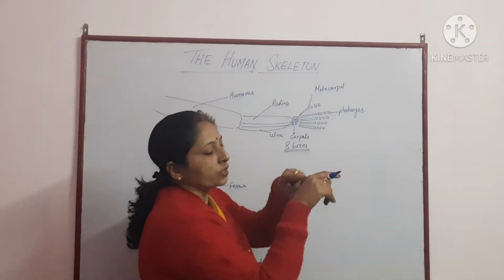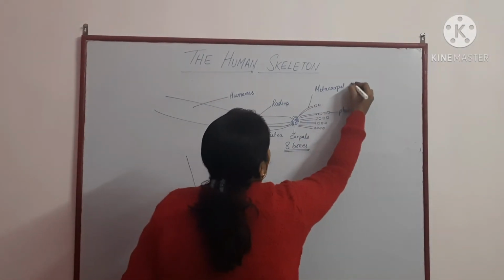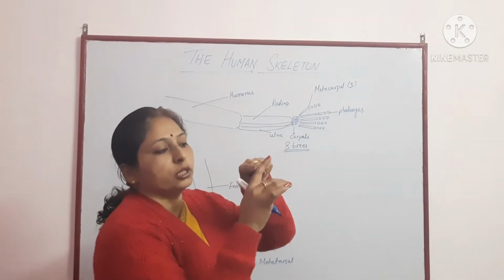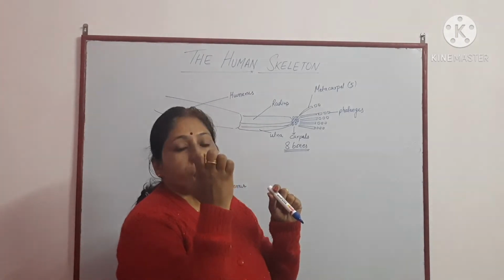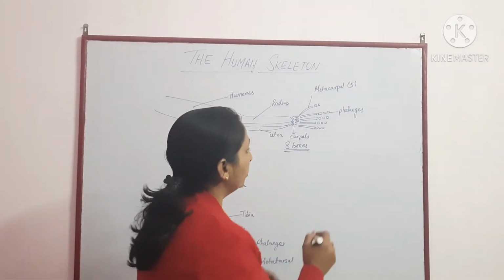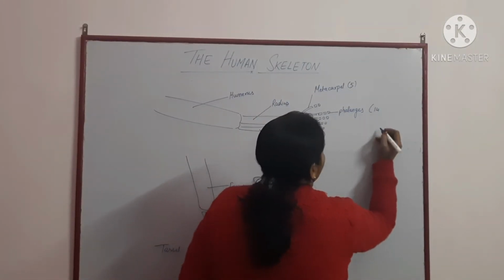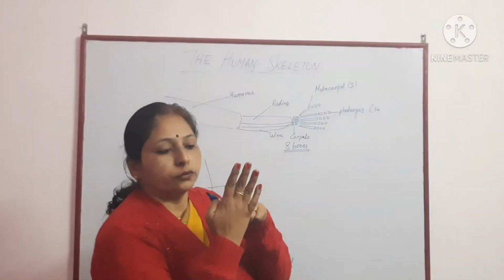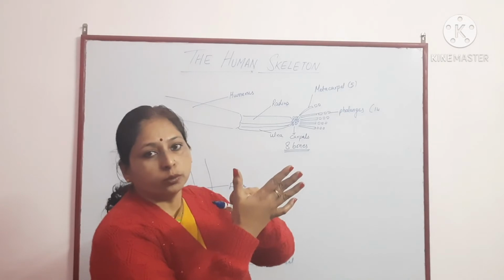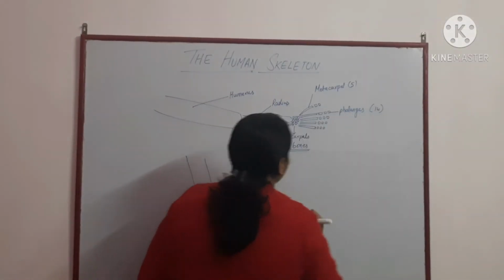Next to this are 5 metacarpals. Phalanges. These short bones in the fingers are termed as phalanges, and there are a total of 14 phalanges. In all, 4 fingers with 3 each are 12, and in the thumb only 2 bones are there, so a total of 14 in the phalanges region.